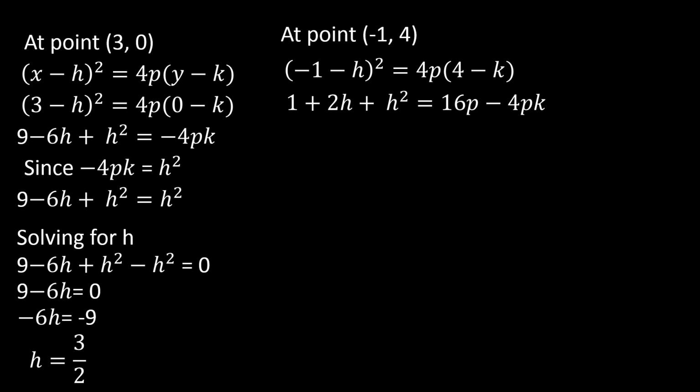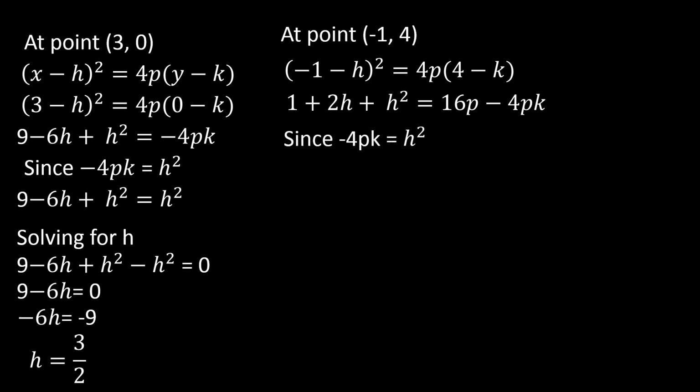Same as in 3 minus h, we use the property of binomials, multiplying negative 1 minus h times negative 1 minus h. So equivalently 1 plus 2h plus h squared equals positive 16p, because 4p times 4 is 16p. Then we have 4p times negative k, which is negative 4pk.